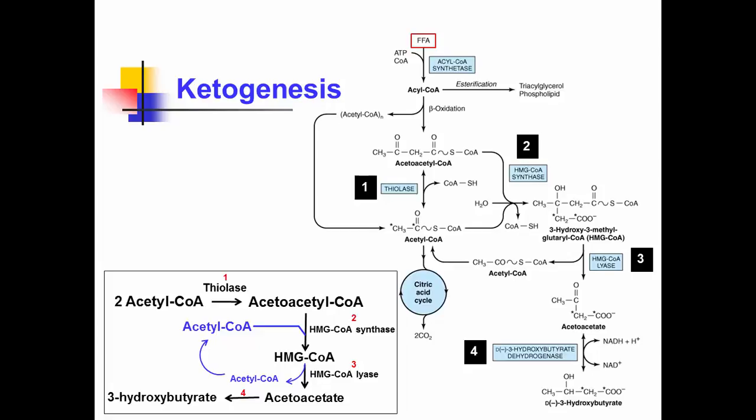And this step is actually very similar to the cholesterol synthesis we will discuss later. Just try to remember that ketogenesis and cholesterol synthesis have some common steps. Cholesterol is also synthesized from acetyl-CoA, so the several initial steps are the same in both pathways.